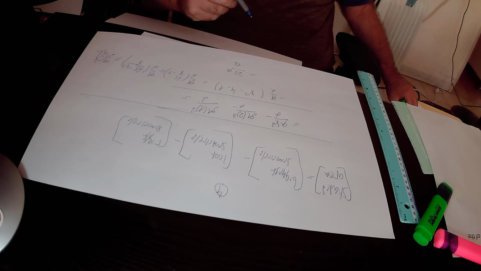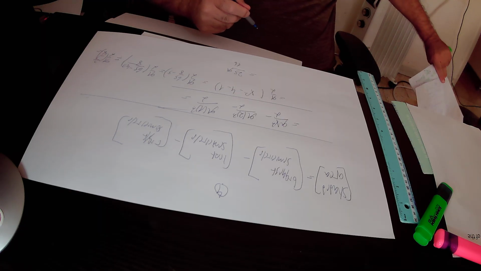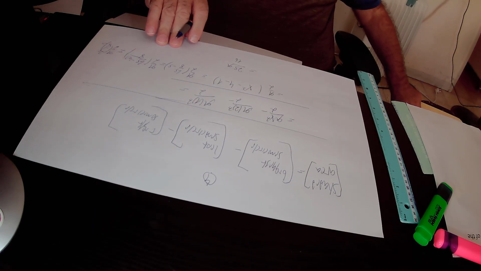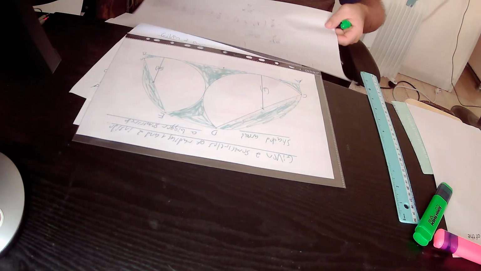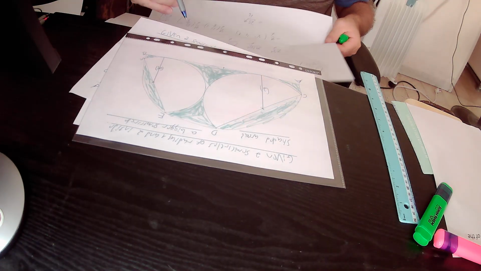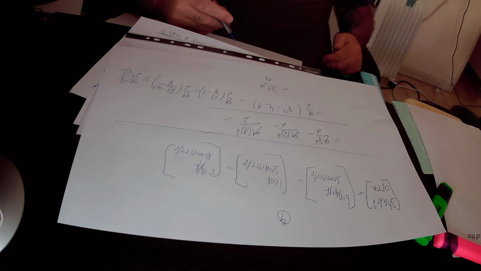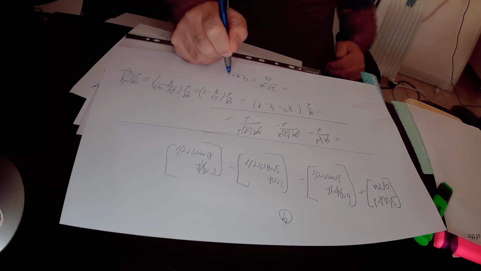So in total we found that the size of this shaded area equals 25 pi over 16 square units, or in terms of numbers, 4.908 square units.